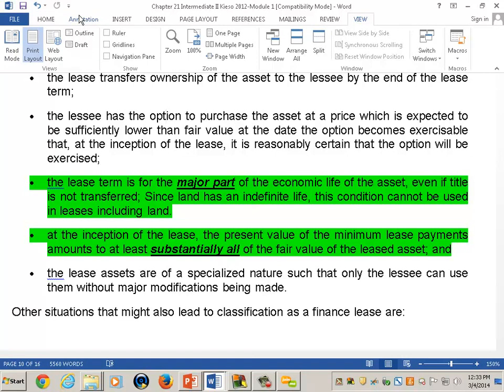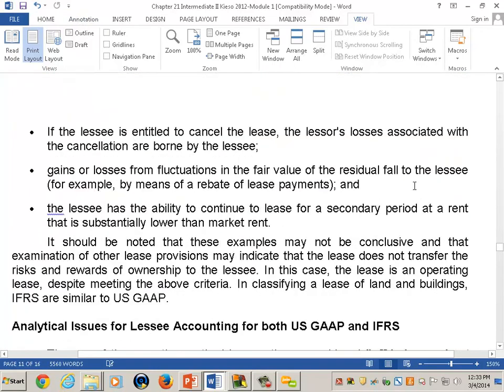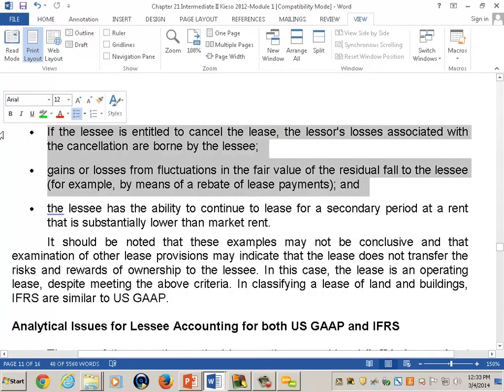Now, there are some others. A specialized asset, and I think we look at this under US GAAP as well, but it's not codified. If the asset is specialized and you're the only person that can really make use of it, then it's a capital lease. Other situations, these two right here, where there are some losses and gains that are either absorbed by or rewarded to the lessee, make it like a capital lease.